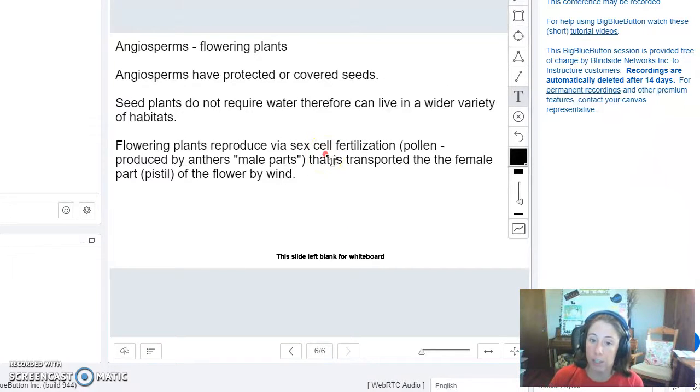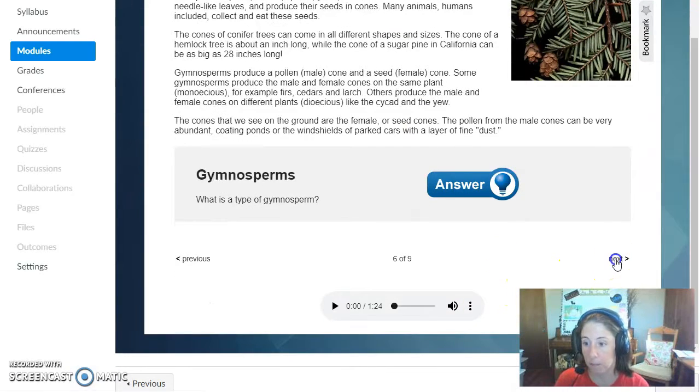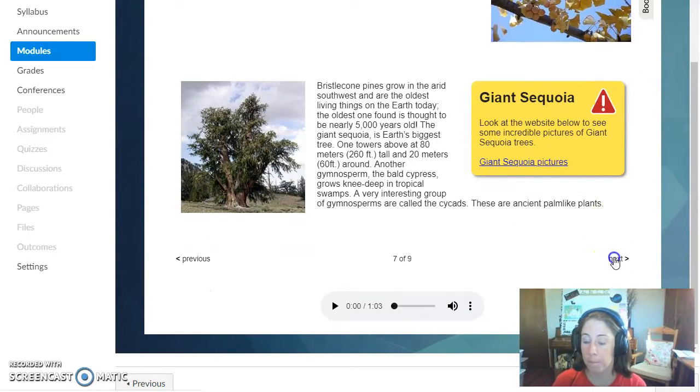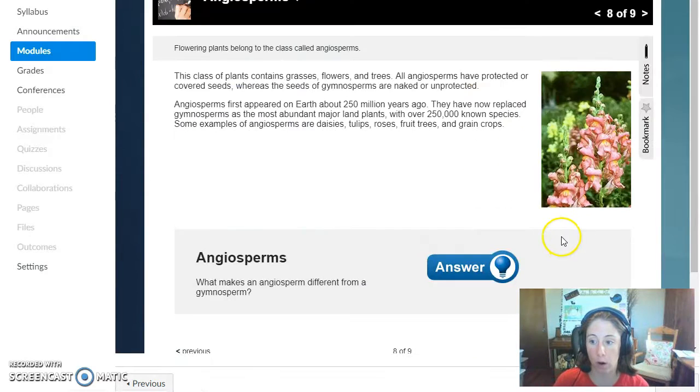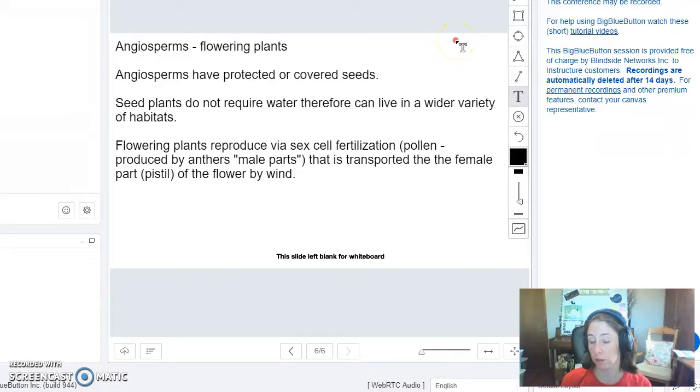All right, angiosperms. You all are probably very familiar with angiosperms. Our angiosperms are our flowering plants. So if your mom or your grandmom, whoever, is interested in flowering plants, likes them, thinks that they're pretty, these are our angiosperms.